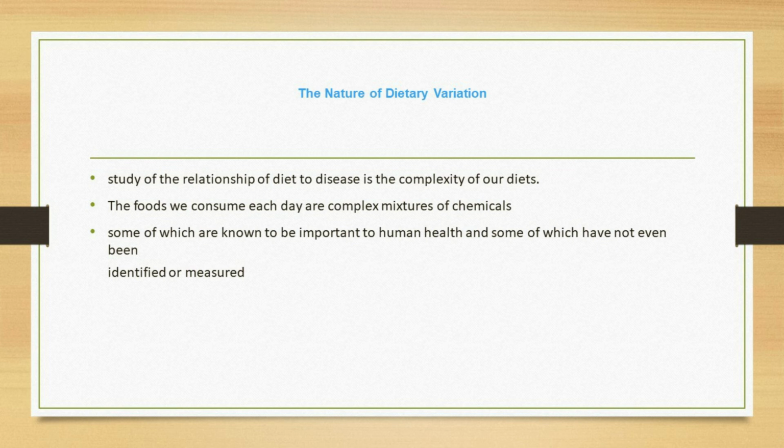Chemicals found in all our foods include the essential nutrients, structural compounds such as cellulose, additives, pesticides, inorganic compounds such as natural toxins, heavy metals, or natural compounds such as phytochemicals.